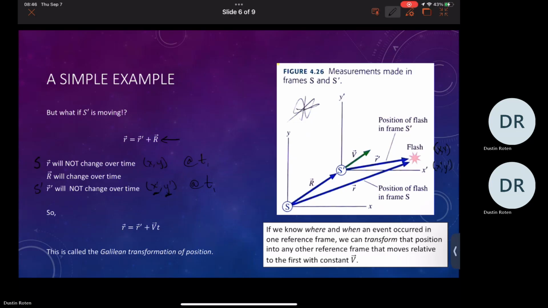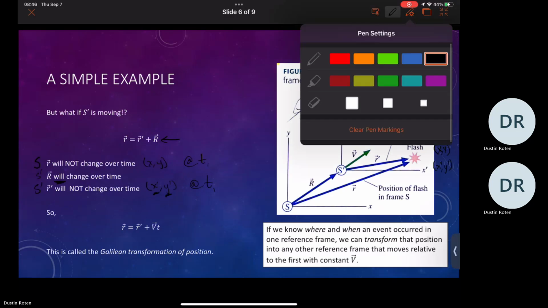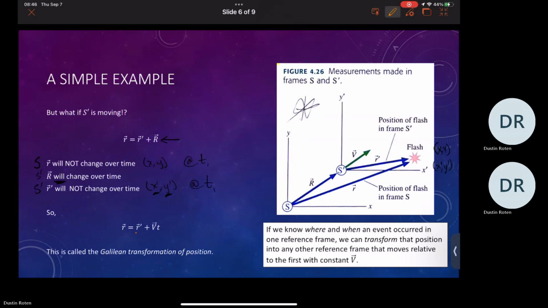However, where their coordinate system is, this will change over time. So the idea is that we have these x prime, y prime coordinates, but the origin keeps moving. So here's what needs to happen. We have this position here, r prime. We measured this event with x prime, y prime.